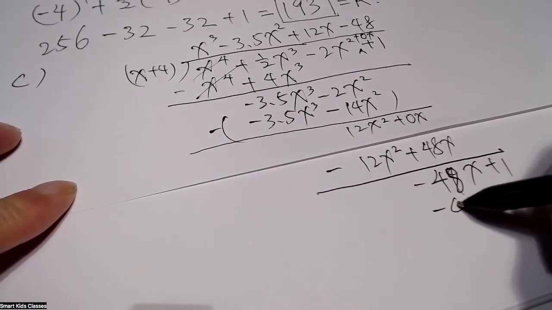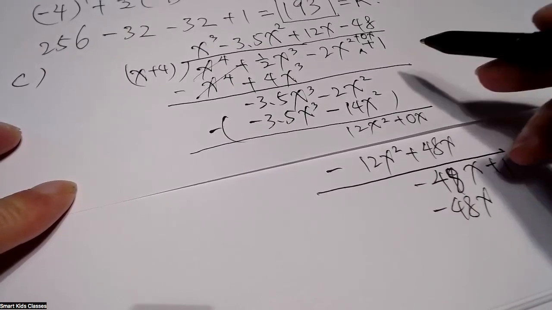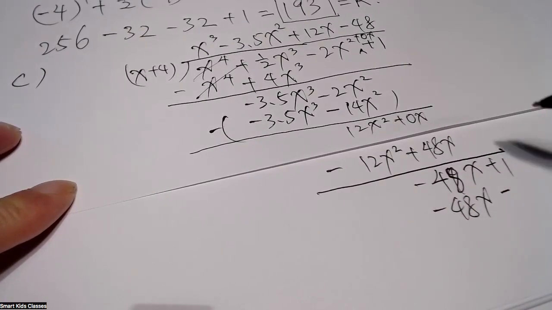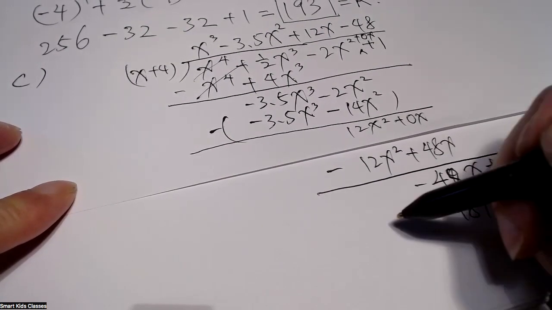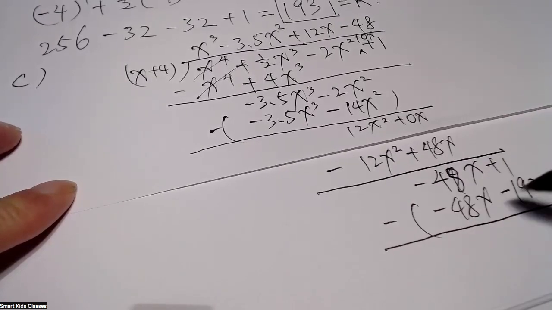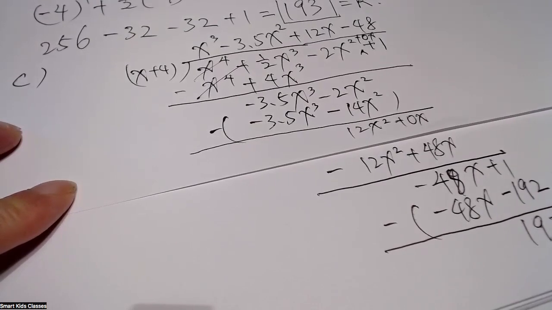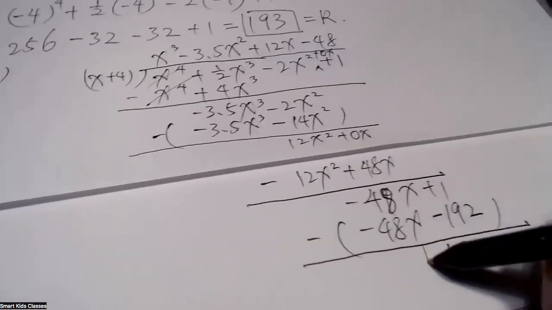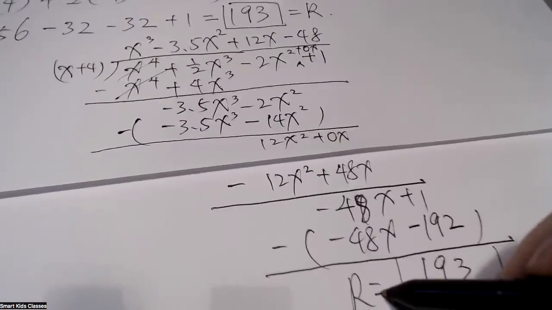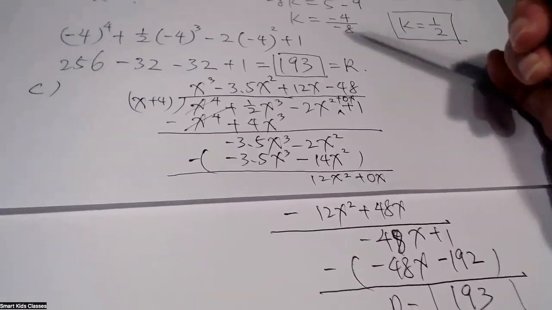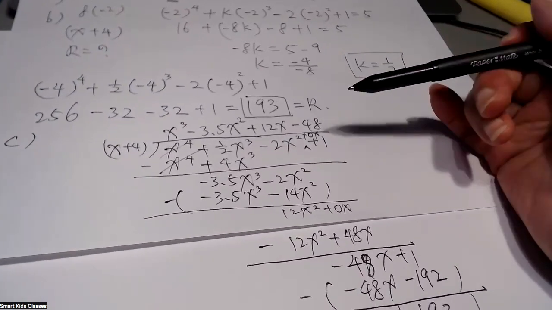So we got minus 48x and then minus 48 times 4, excuse me. I got 192. So we subtract it. When we subtract, we change the integer. We got 193. So therefore, we verify the remainder is 193, same as part B.